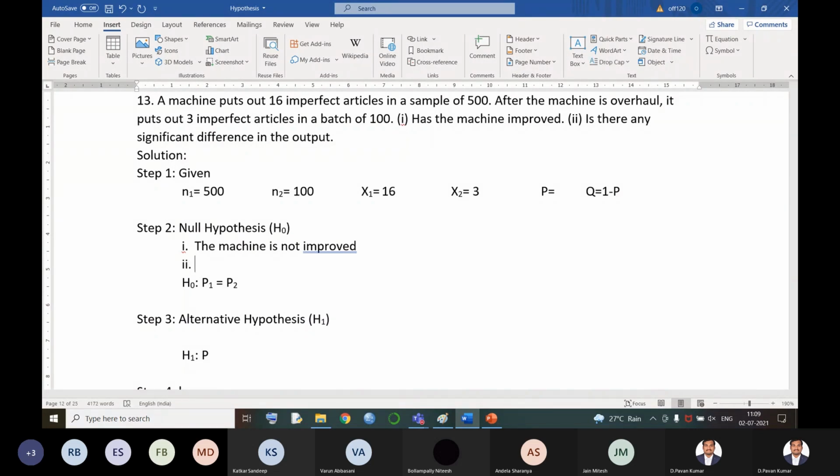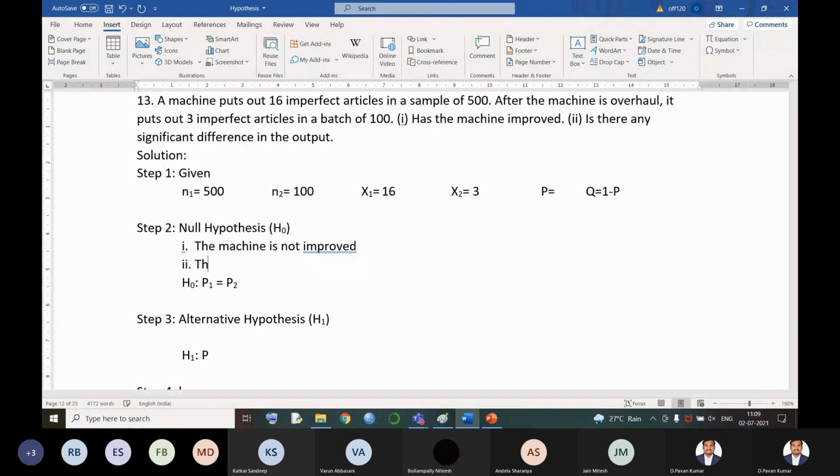Now, what is the second statement asking? Is there any significant difference in the output? If there is a difference, it means that before and after there was some deviation. But here we are saying that the null hypothesis always says equal.